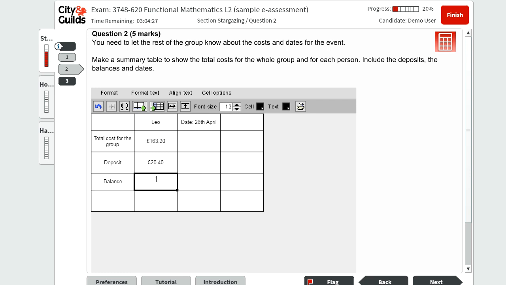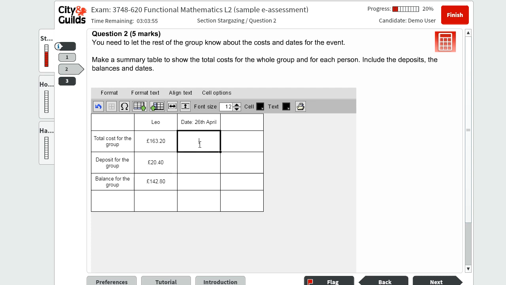The total balance is of £142.80 for the group, this again will be for the group, because the question is asking you for the whole group and for each person. So we've done for the whole group, and then we'll do it per person. We have the balance, we have the date there.